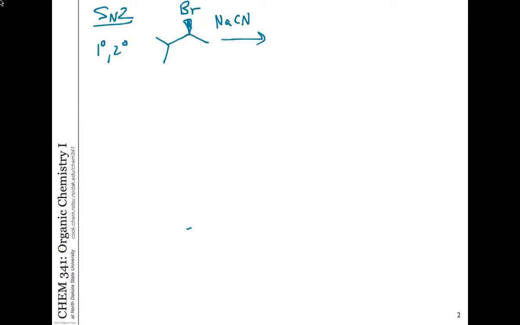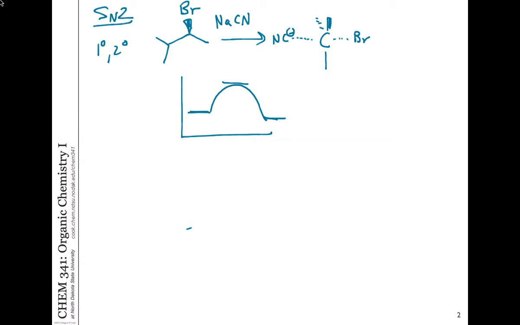At the transition state, in this one-step reaction, starting materials, products, at the transition state, we have bond breaking, so bromine is leaving, and the cyanide is forming. And at the same time, the other three bonds on here are shifting.